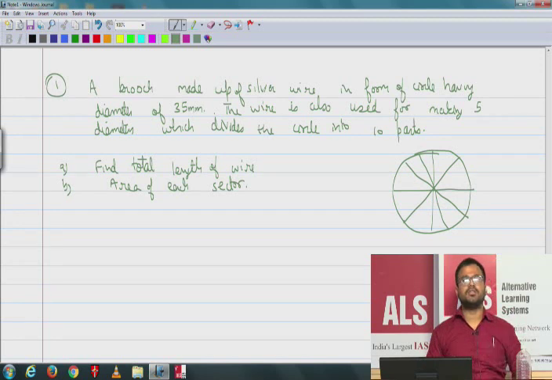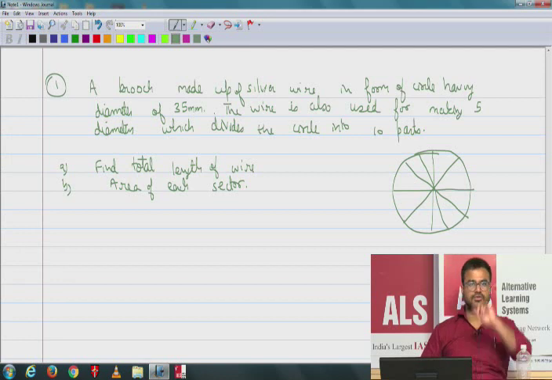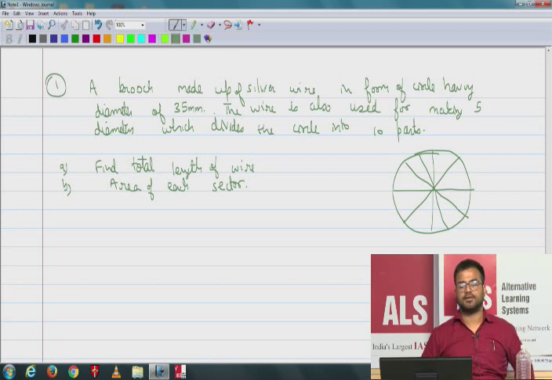So basically the question goes like this. There is a circle of diameter 35 millimeter, and with the same wire which is used in making the circle, 5 diameters are drawn, which divides the complete circle into 10 equal parts. So you have to find what is the total length of the wire used and area of each sector. So there are 10 sectors, you have to find the area for one of them.